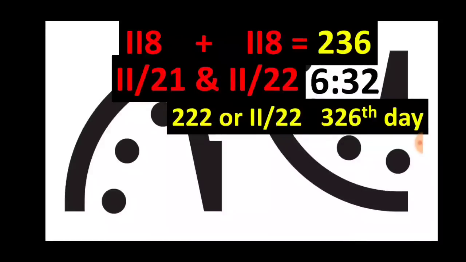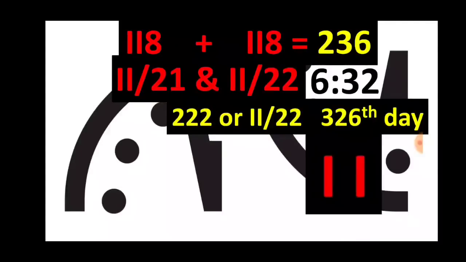And of course, the top one up there, this one right here, in a way is looking at it. Anyways, 326th day of the year, which is another version of 623 or 236. Hopefully you get this. And then 6 plus 3 plus 2 in 632 is 11. So that's what it's showing.